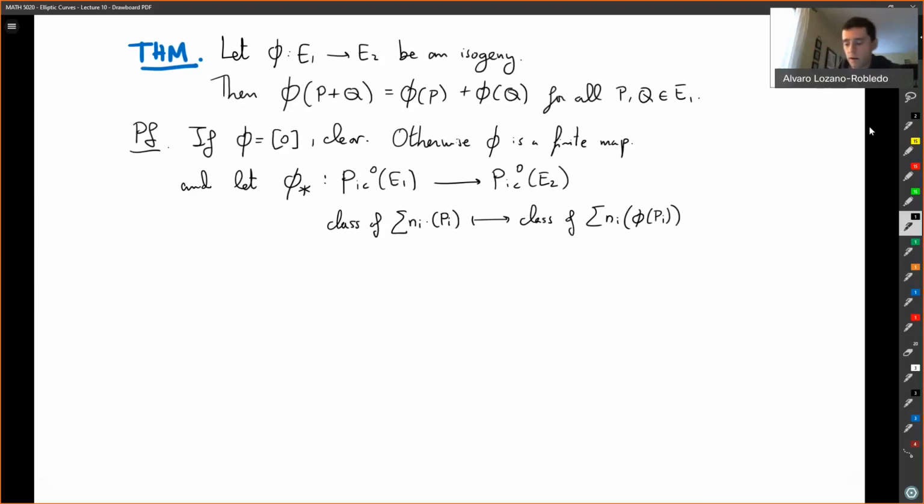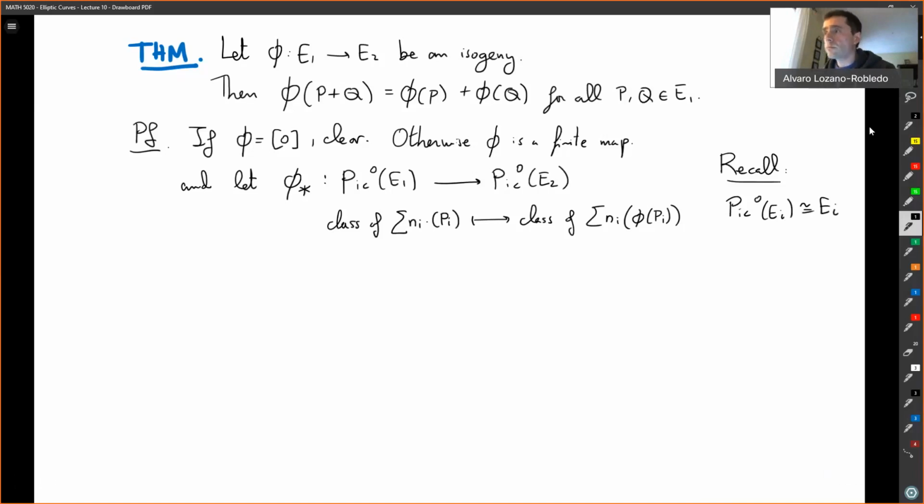Now remember, Picard is isomorphic to E1. That's something we proved last time. Recall that the Picard group is isomorphic to each E_i.